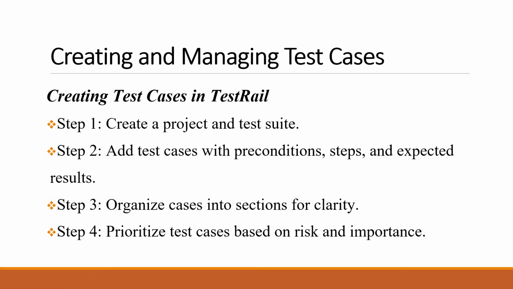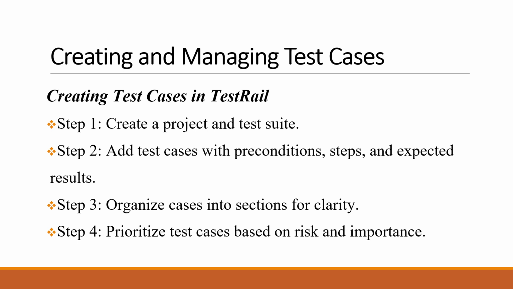Let's walk through how to create and manage test cases in TestRail. Start by creating a project and adding a new test suite to organize your test cases. Add test cases with detailed preconditions, test steps, and expected results to ensure clarity and consistency.